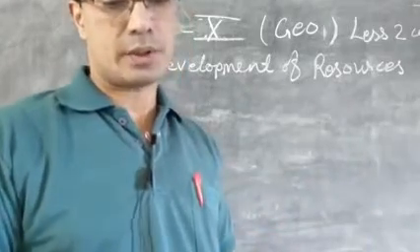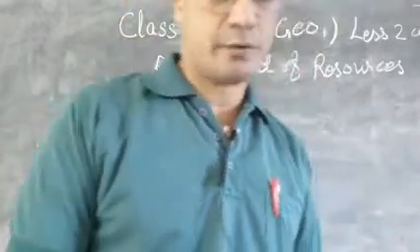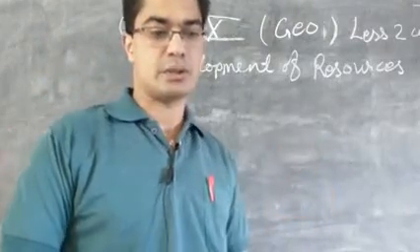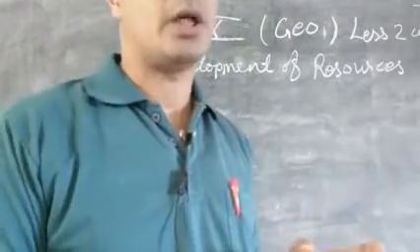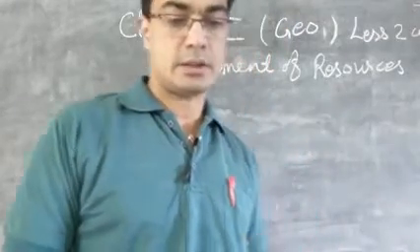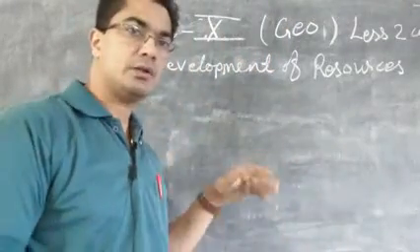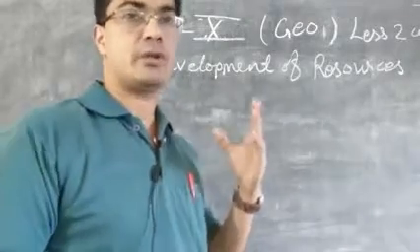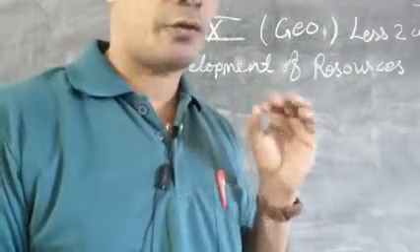And we know all the resources are not present everywhere. There may be some places with enough and more resources, and some places with very few resources. So we should not just think about living our present life, we also need to think about our future life.